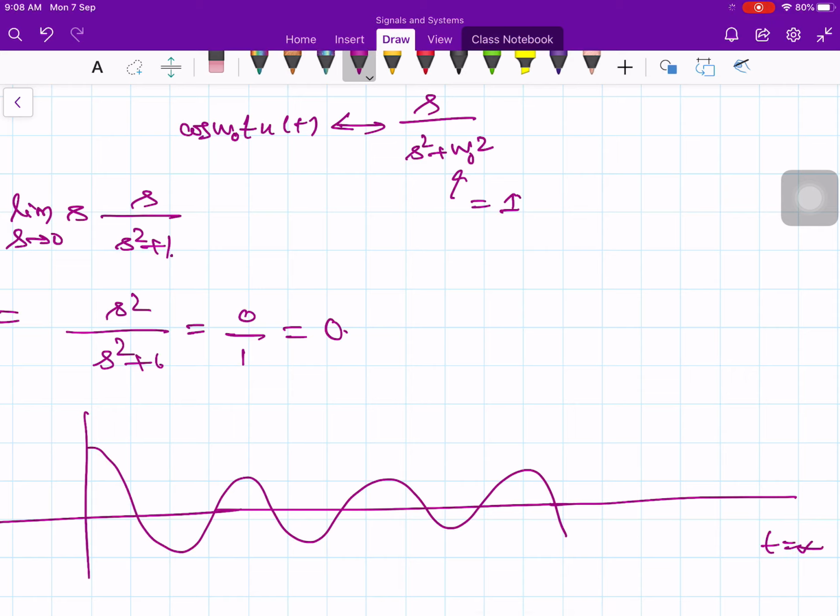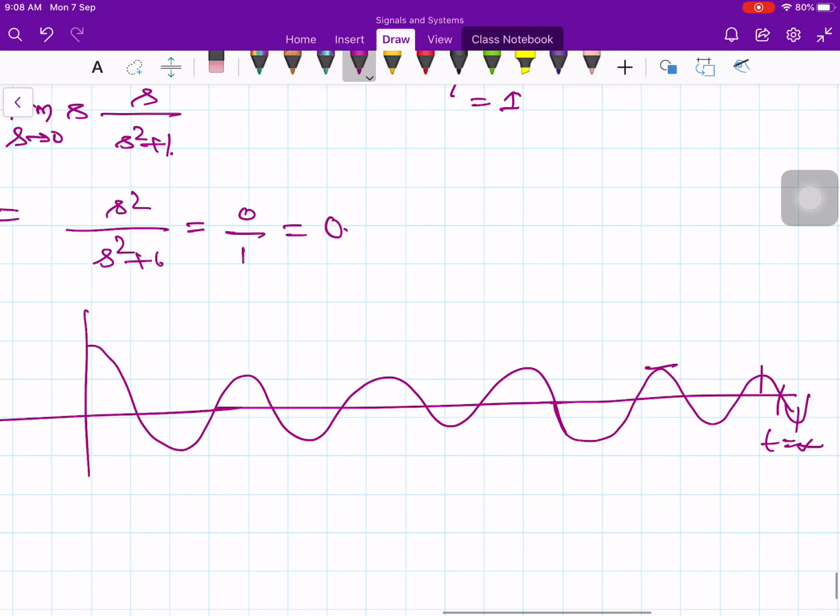So we can't say what it will be. It can be 0, plus 1, or minus 1. The maximum value is plus 1 and the minimum is minus 1, so the average value may be 0, but you cannot exactly say what the final value is.